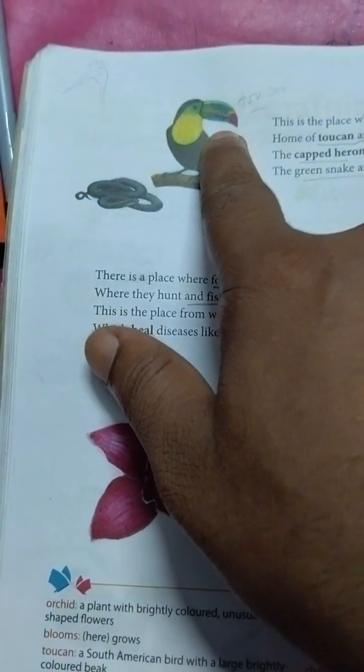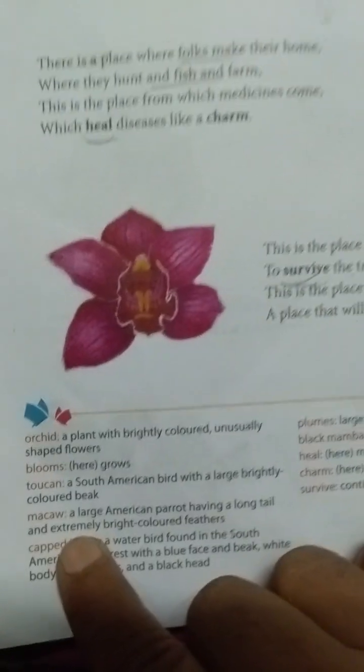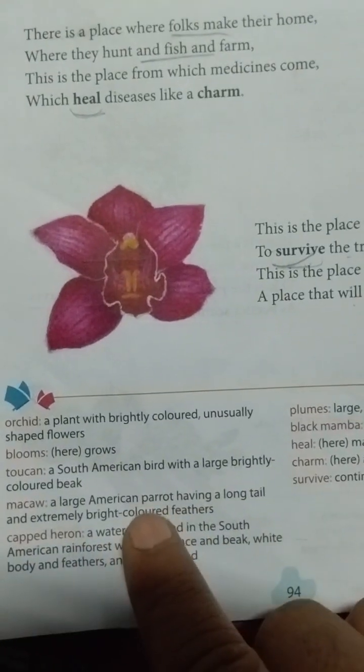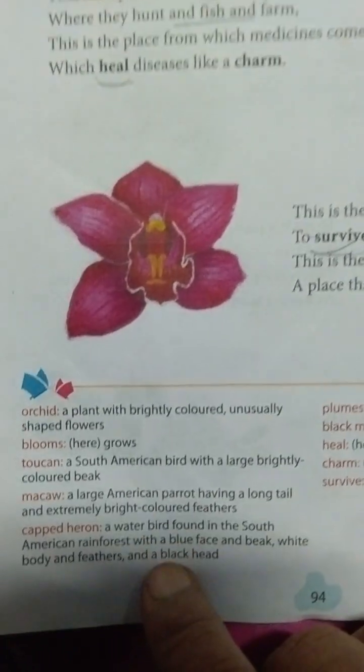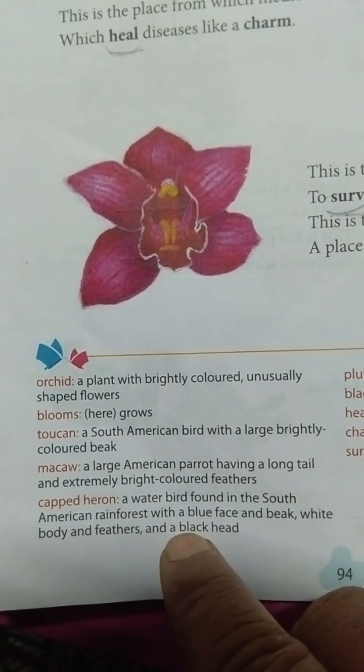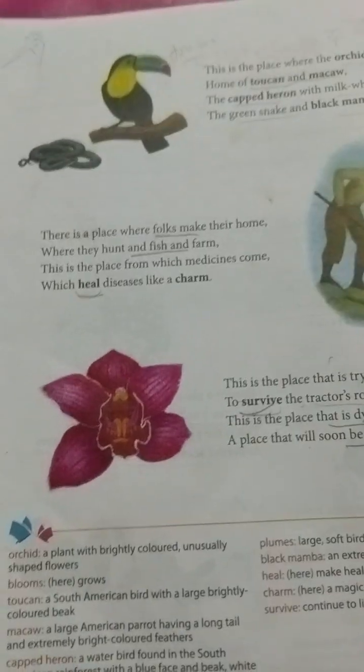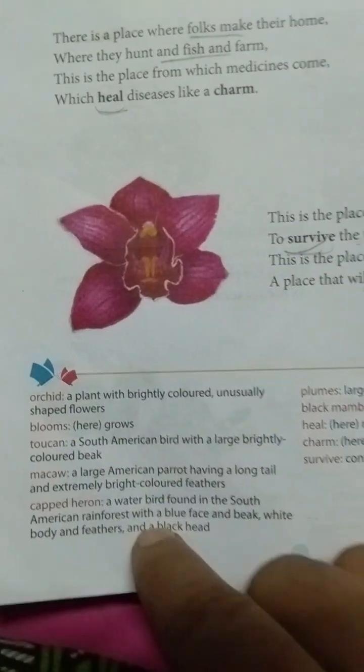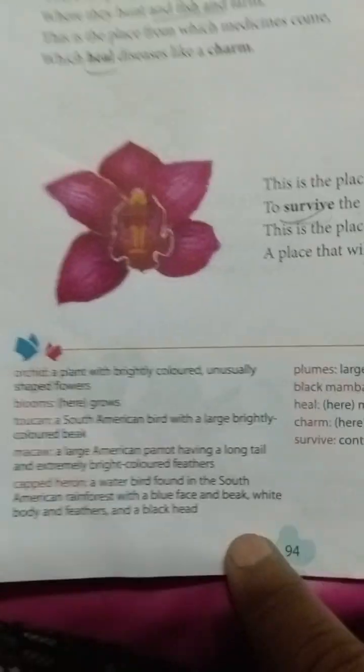Large beaks are found. You see this is a toucan, and large beaks are there. And macaw, a large American parrot having a long tail and extremely bright colored feathers. The feathers of these birds are very brightly colored, which is extremely beautiful.